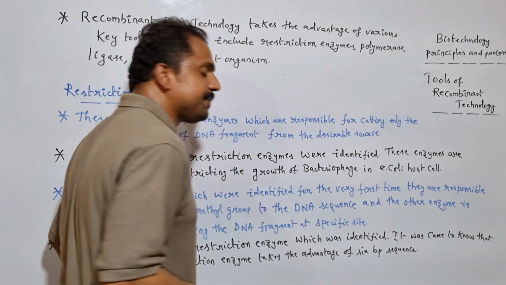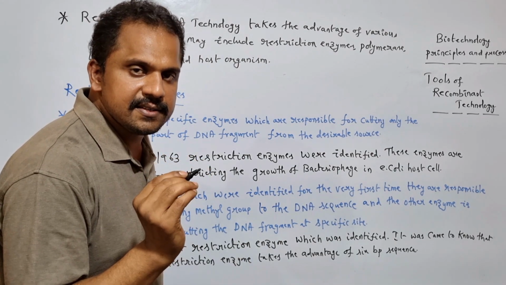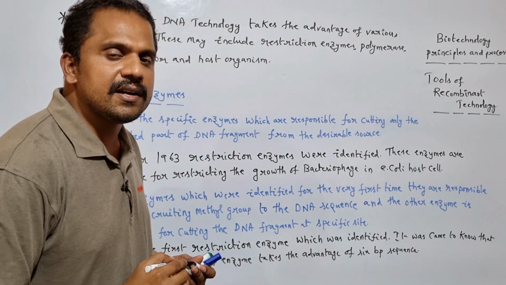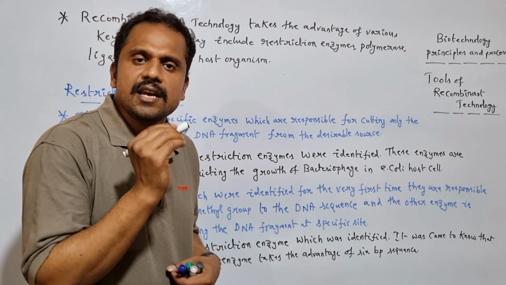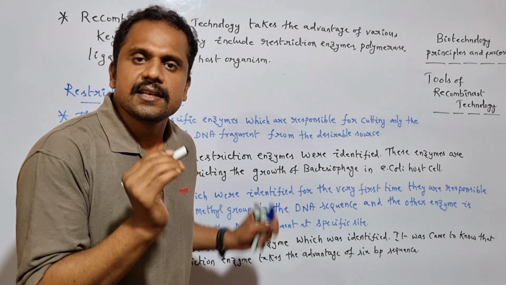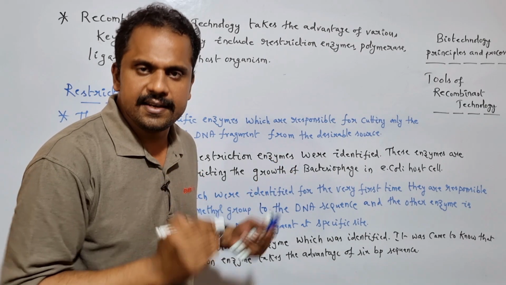The 6 base pair sequence acts as the recognition site or recognition sequence for the concerned enzyme. By taking the advantage of this 6 base pair sequence, the HindII restriction enzyme is capable of recognizing the DNA sequence.